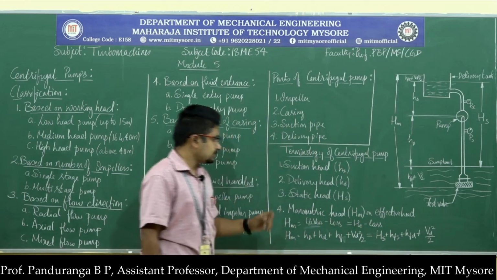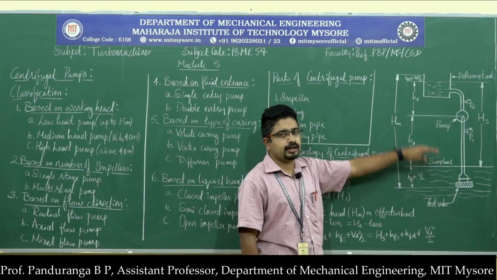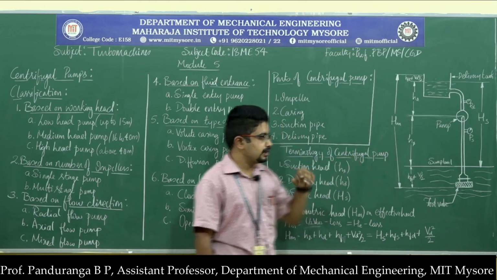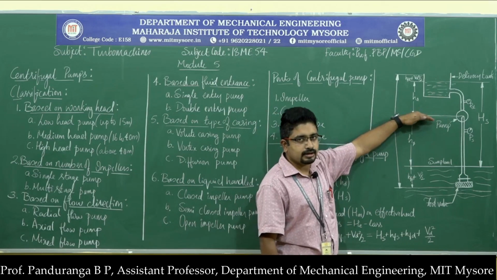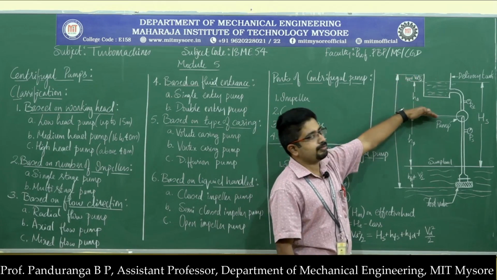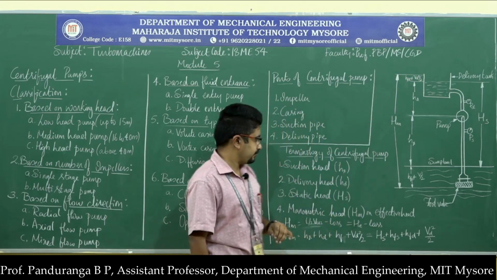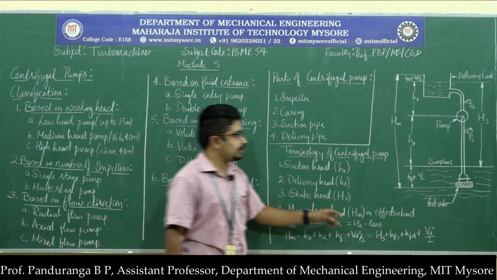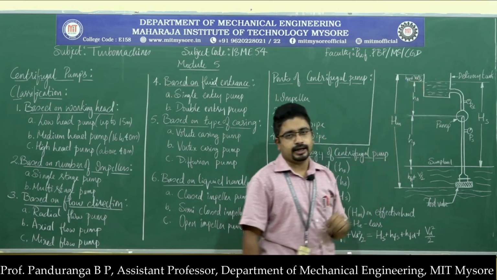Suction head is the height difference between the sump level and the center of the pump. Then we have the delivery head, which is the height difference between the center of the pump and the surface level at the delivery tank. Then we have the static head, which is the sum of suction head and the delivery head.